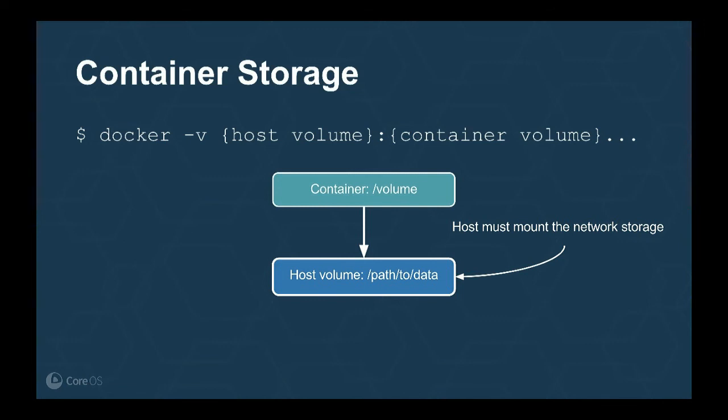But the host must have that storage mounted first before it gets exposed into the container. In other words, the containers do not mount the storage system themselves. The host mounts it first and then exposes it into the container.